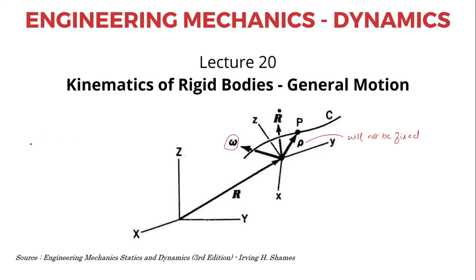Now we can relate the position vectors like we did last time. r equals capital R plus rho, where r is the position vector of the point P with respect to the fixed frame capital XYZ. Now if I differentiate this, I would get dr by dt with respect to capital XYZ is equal to dR by dt with respect to capital XYZ plus d rho by dt with respect to capital XYZ.